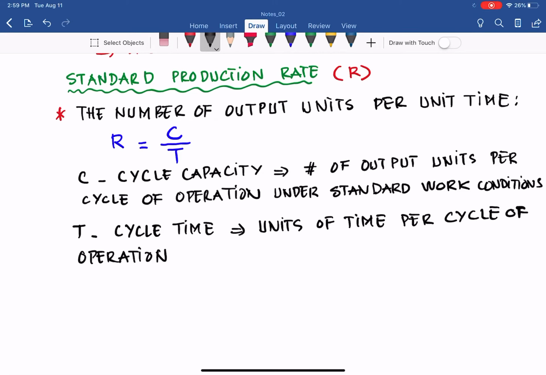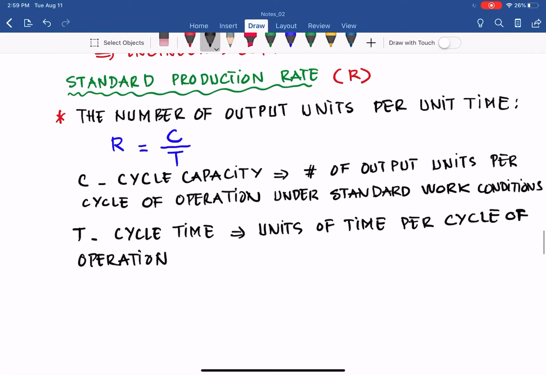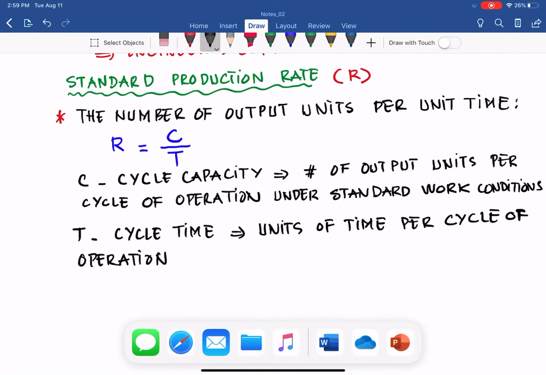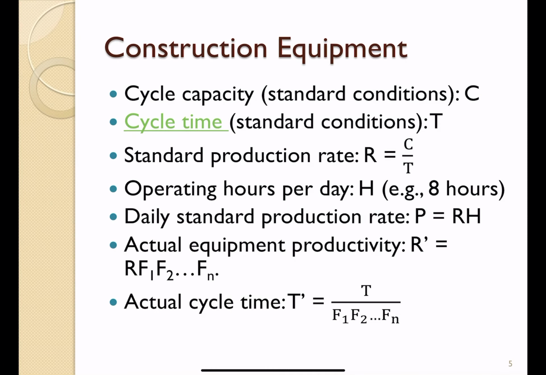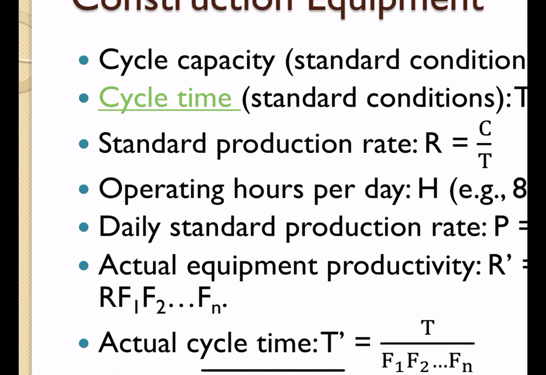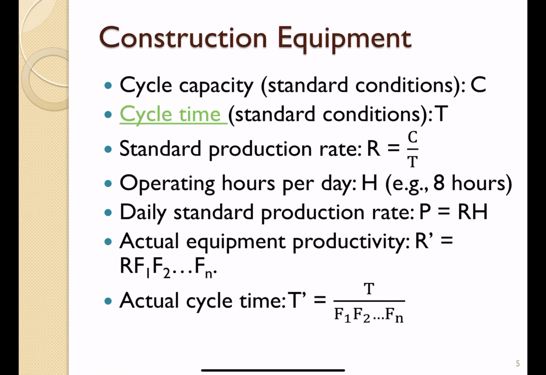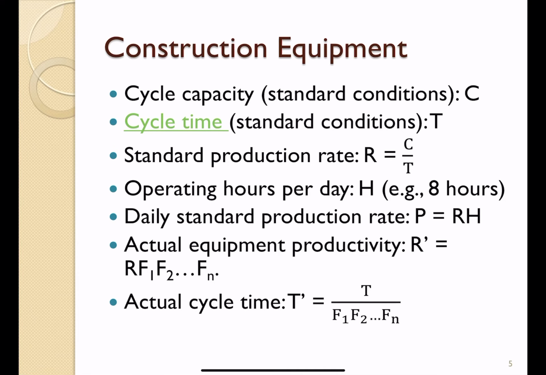In the Canvas, I posted a YouTube video, the link you can see in slide number 5 of the PowerPoint, on cycle time. I ask you to watch only the first 90 seconds and determine the cycle time of the excavator.